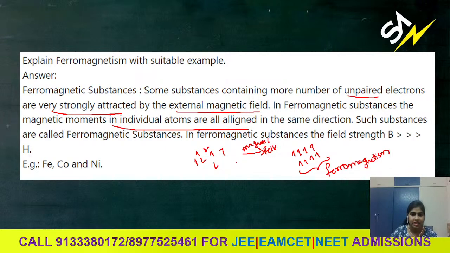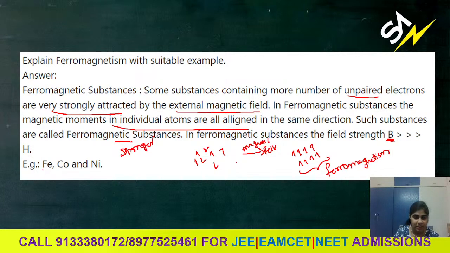Those types of substances are called ferromagnetic substances. Be careful while writing examples. Write the correct example. In ferromagnetic substances, the magnetic field strength is very strong.